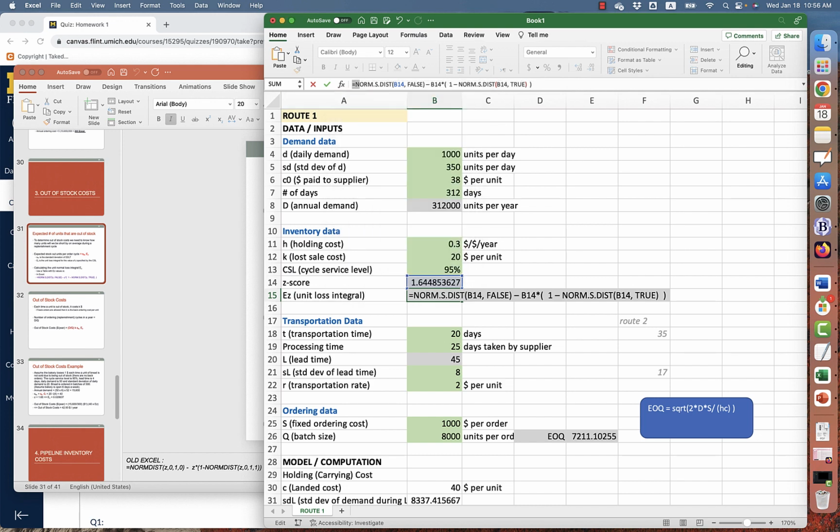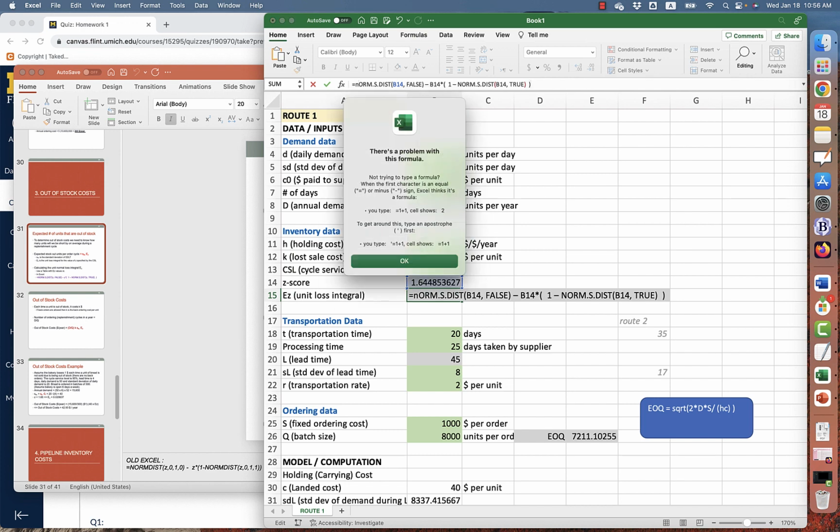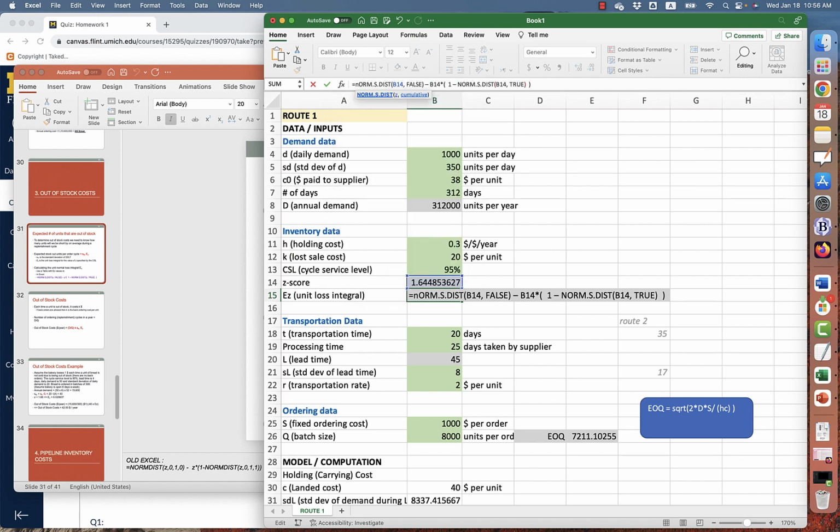Okay, so there was some problem with the initial equal cell, so this should now work. So let's see what's causing the problem.